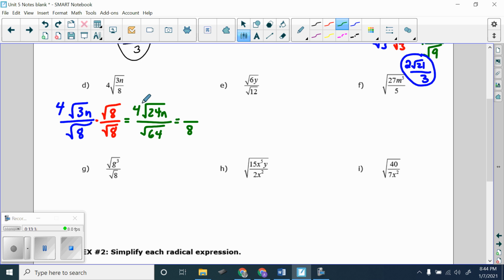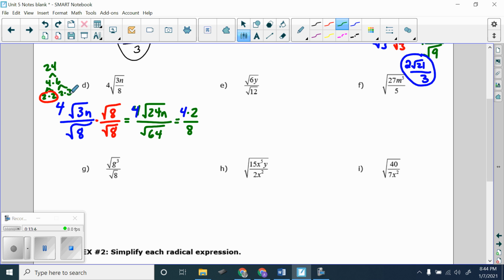The top, I have that 24 there. How does 24 break down? Into 4 and 6, 2 and 2, 2 and 3. So I have a pair of 2's comes out, and then the 2 and the 3 stay under. So I already had a 4 out here. The pair of 2's comes out as a single 2.